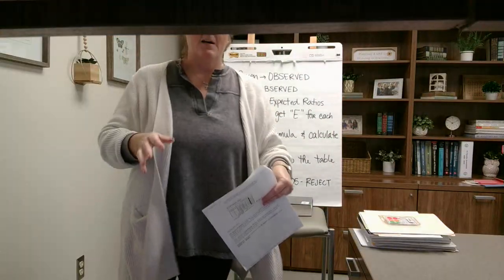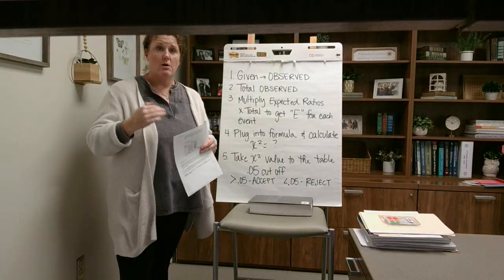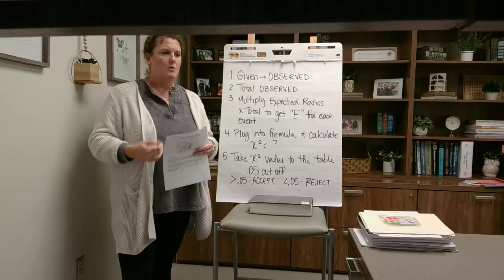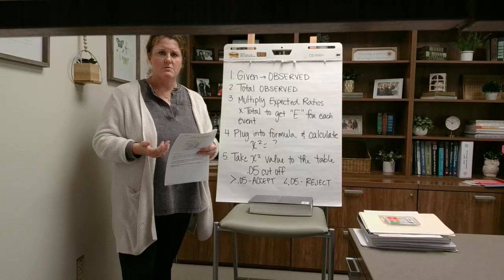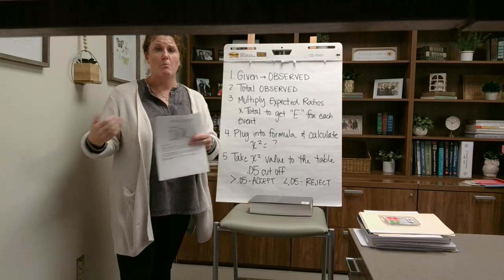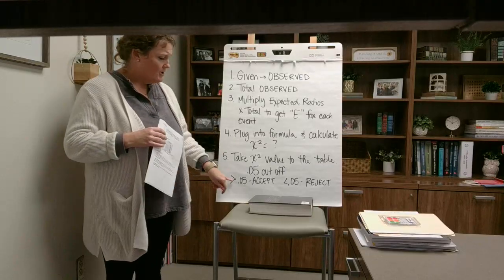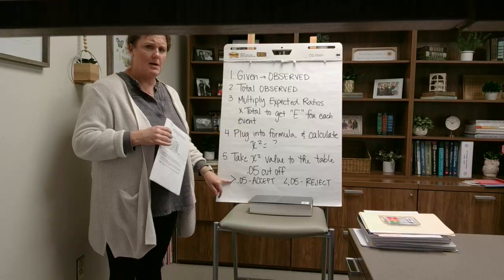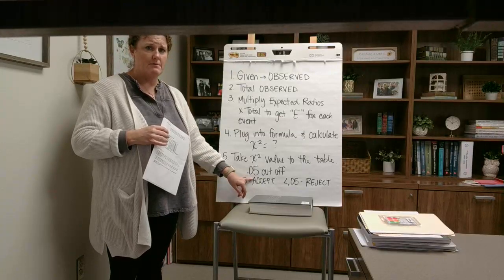Now, we accept anything that is 5% and over. And what that's telling us is that we would expect to get those values for a test like this at least 5% of the time or more.